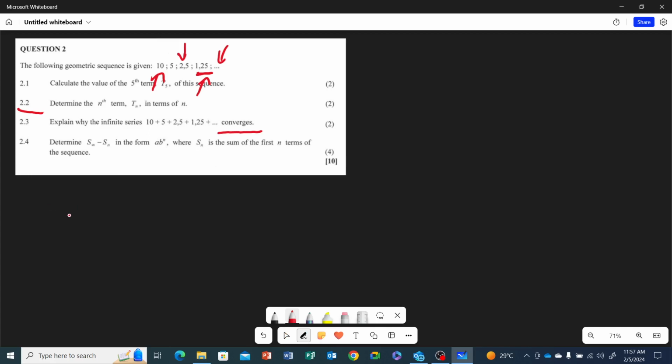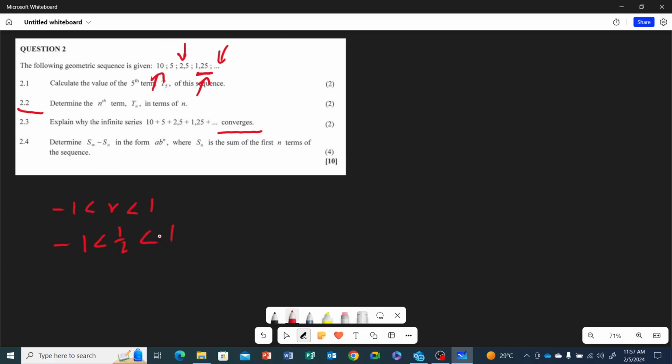Okay. Now, let us determine the value of R. We can see that -1 is less than the value of R, which is less than 1. But then R is half, so R is 1 over 2, which is less than 1.